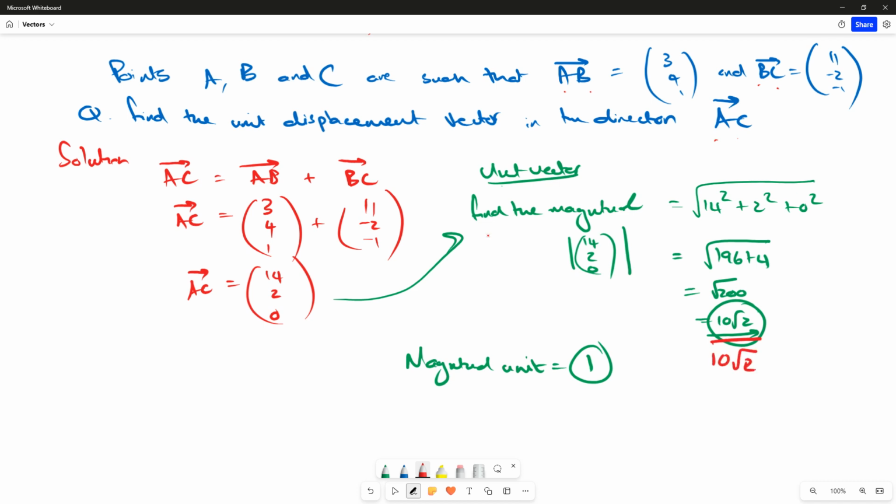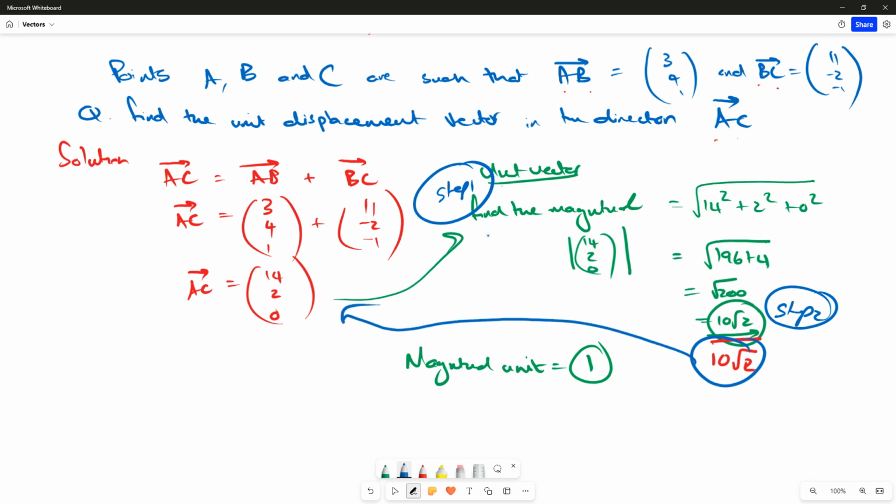So step 1, find the magnitude. Step 2, divide it by itself, and then use that back in the original vector over here.